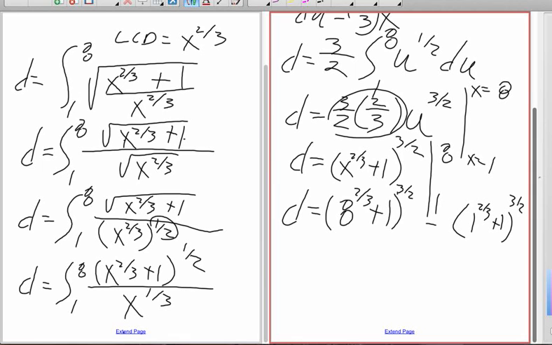So now I evaluate all of these things. 8 to the 2/3 is going to give me 4 plus 1. Distance is going to equal 5 to the 3/2 minus 2 to the 3/2.